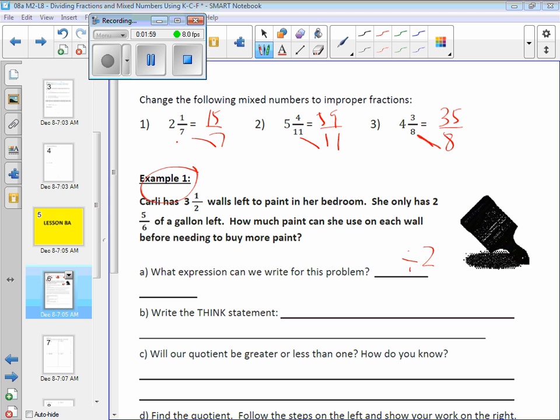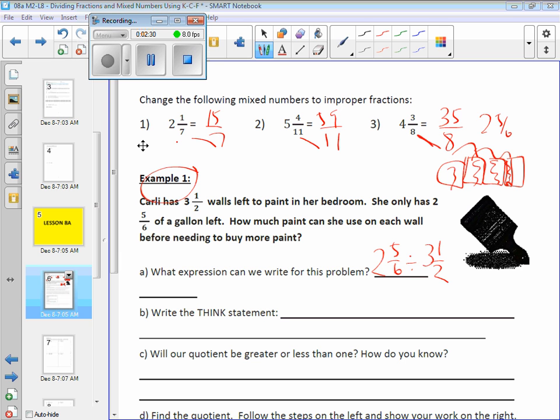Wait, I did have it right. 2 5/6 is being divided into 3 1/2 walls. Here's a wall, here's a wall, here's a wall, and I've got to split up 2 5/6 into these 3 1/2 walls, more or less.